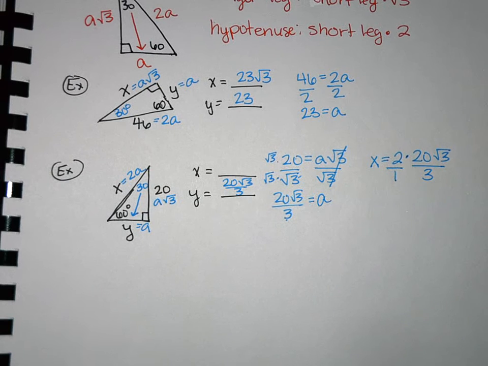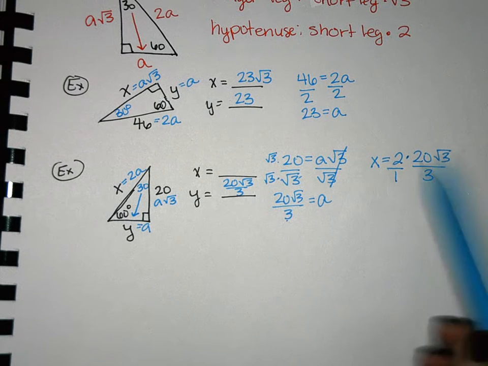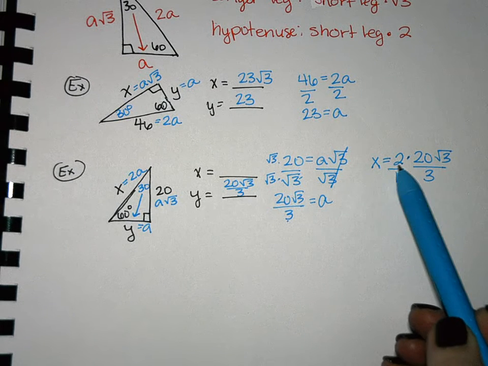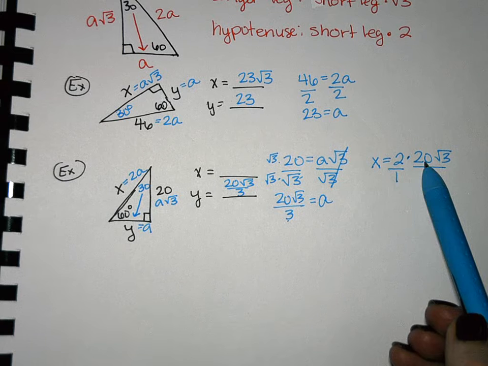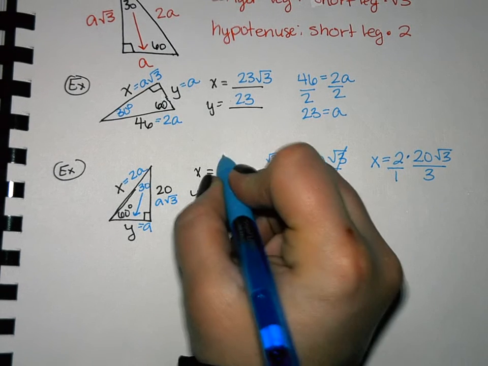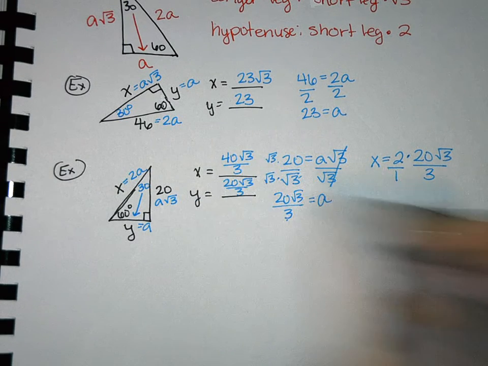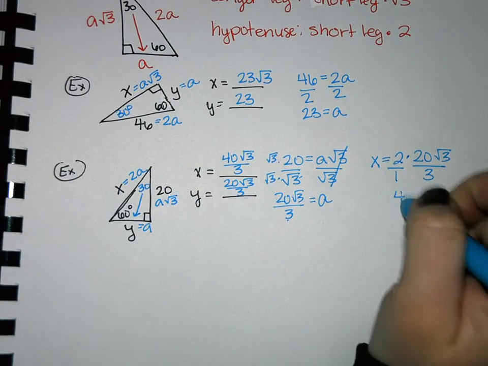When we multiply fractions, we multiply top with top and bottom with bottom. So on top, we can only multiply outside the square root with outside the square root. So what's 2 times 20? So we get 40 root 3 over 3. That would be your X value.